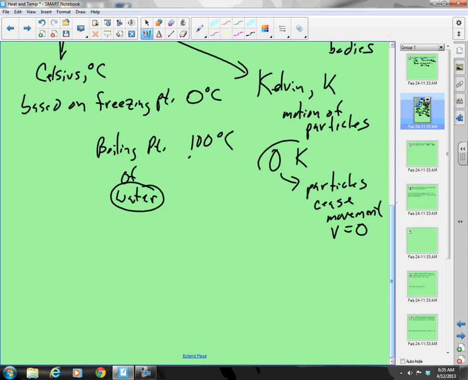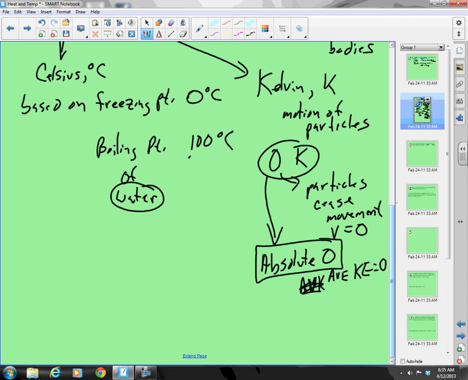And what do we call this? 0 Kelvin is called absolute 0. So at absolute 0, my average kinetic energy is 0, and my particles cease all motion. They no longer move. So the basis of Kelvin is absolute 0, or you could say the motion of particles. So they really have 2 different bases.